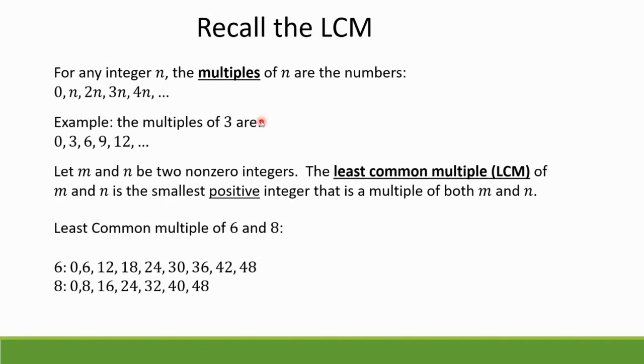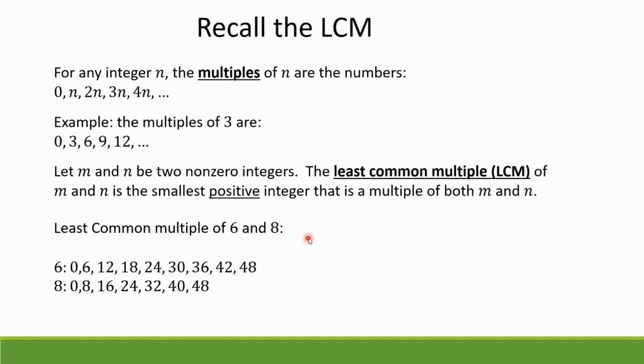Going a little bit faster than I normally would. Again, this is just review. And from this notion of multiple, we define the notion of the least common multiple of two non-zero integers, m and n.